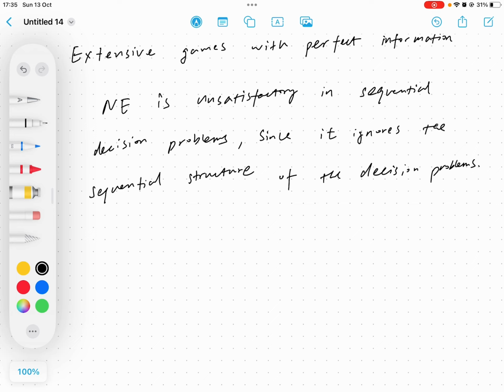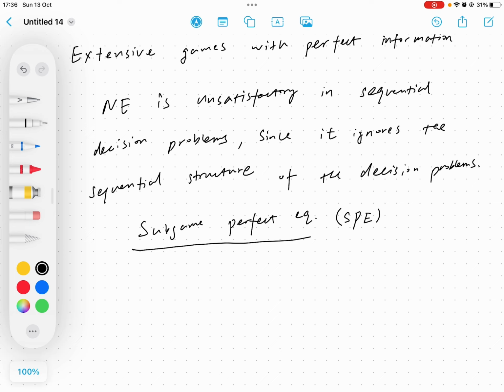All right. And later we'll use a new solution concept called subgame perfect equilibrium, sometimes called SPE. Basically, in this new solution concept, a player is required to reassess the plans as play proceeds.